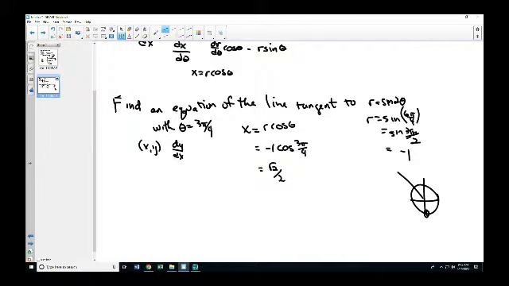That's where that came from, if you just slow down. That root 2 is gone. Polars is like that: x equals r cosine theta, that's how you convert to rectangular coordinates. So whenever you need an x, you plug in r cosine theta.